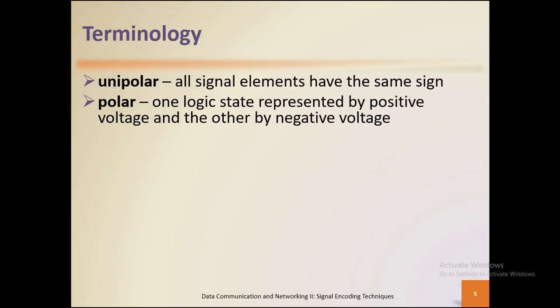And polar is either a positive or a negative, so you'd have these two states or two voltage levels being part of the signal. So whenever you have a signal that has that representation within the signal levels, then you know it's a polar.